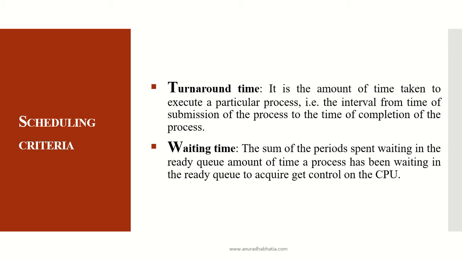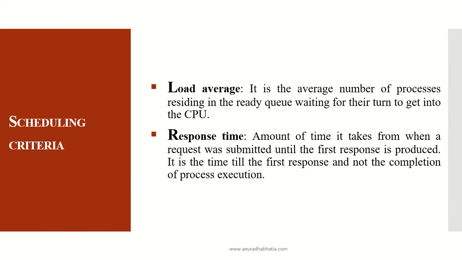And waiting time is the sum of the periods spent waiting in the ready queue, the amount of time a process has been waiting in the ready queue to get control of the CPU. That is, my process is ready, but when another process is running, my current process has to wait for some time. That is known as waiting time. We will see how we calculate the turnaround time and the waiting time.